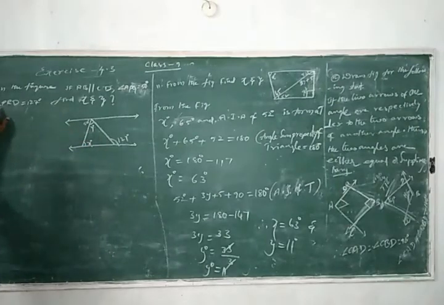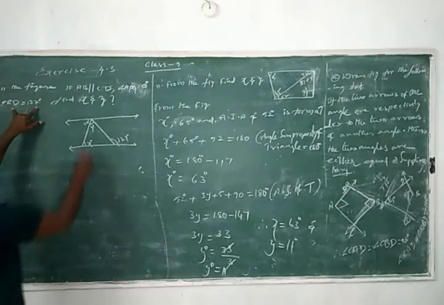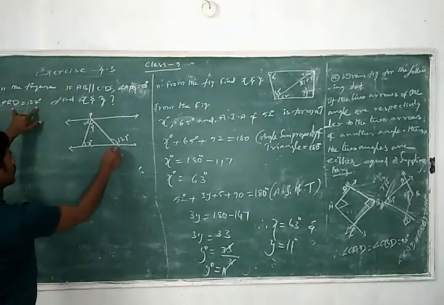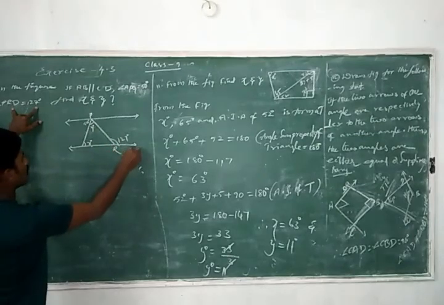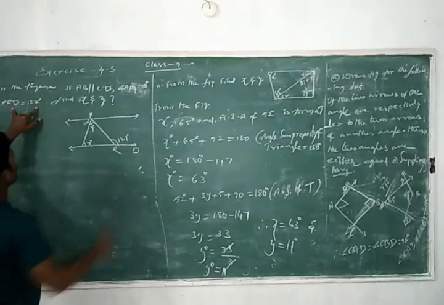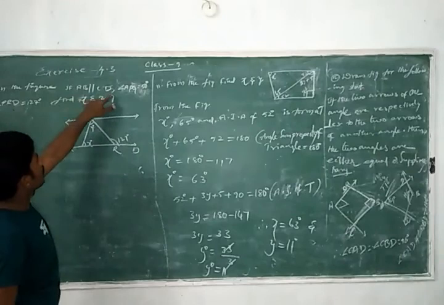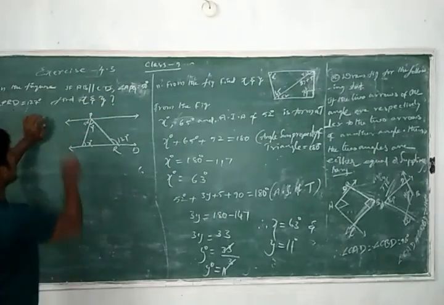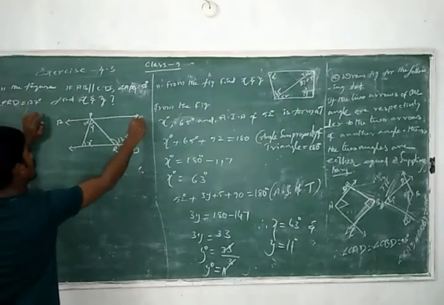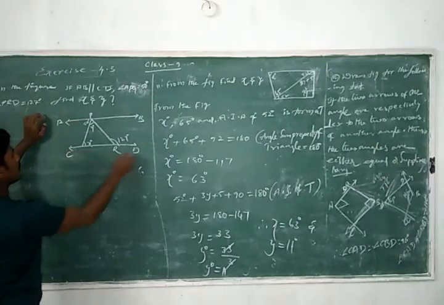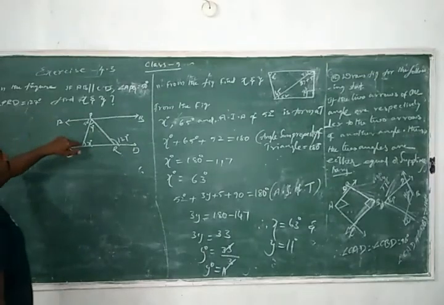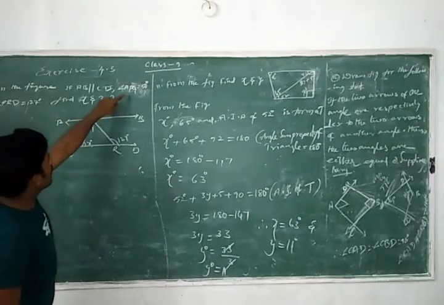Here angle PRD is equal to 127 degrees. Suppose it is P and R and D, and AB is parallel to CD. This is A and B, C, D. Next, what is given? Angle APQ.